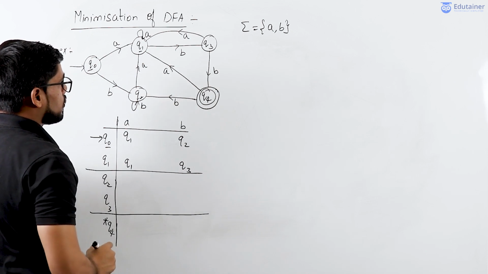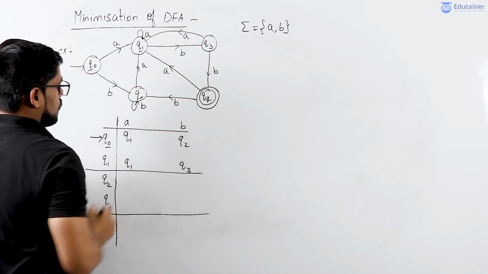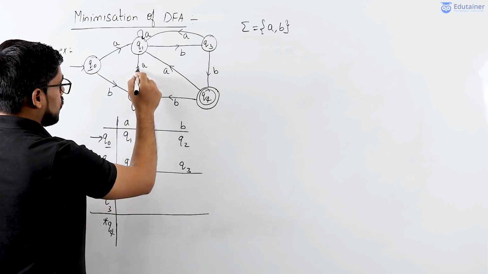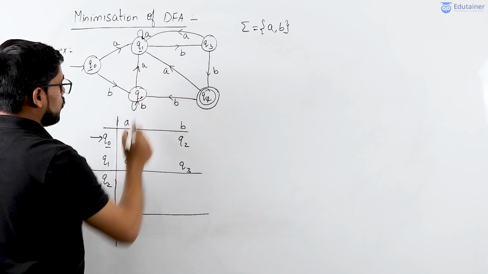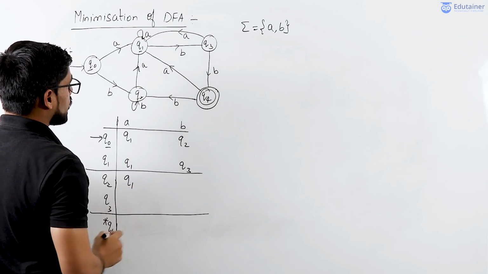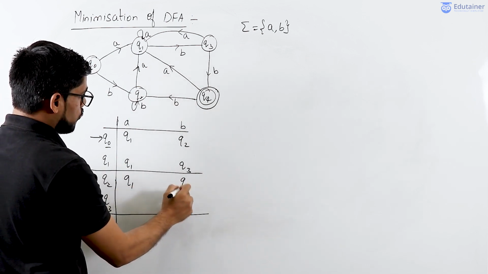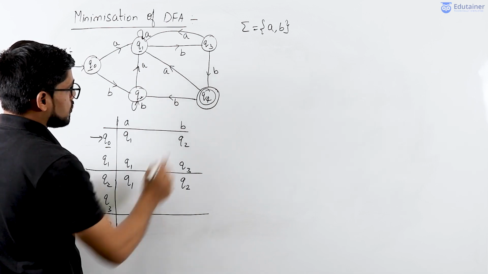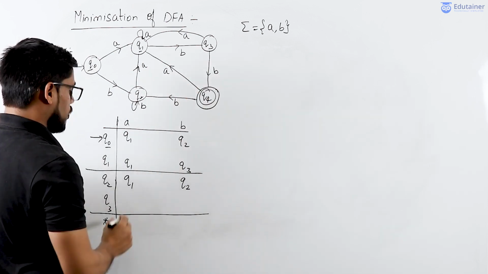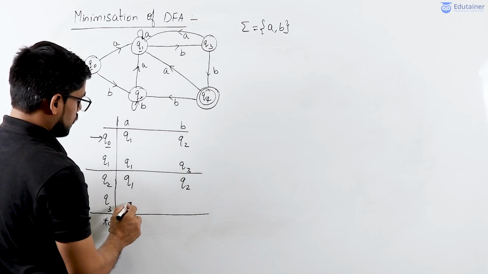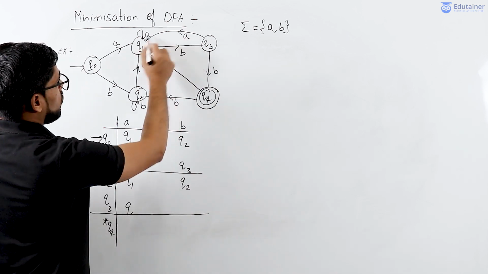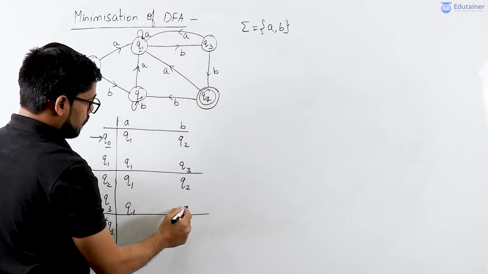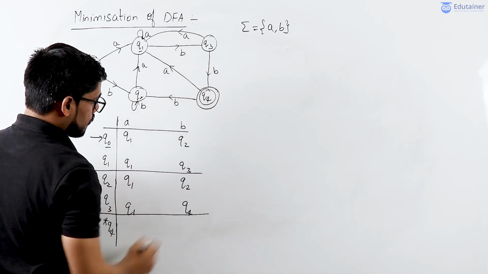Q2 on input a will go to Q1, and on input b will go to Q2 itself. Similarly, Q3 on small a will go to Q1, and Q3 on small b will go to Q4.